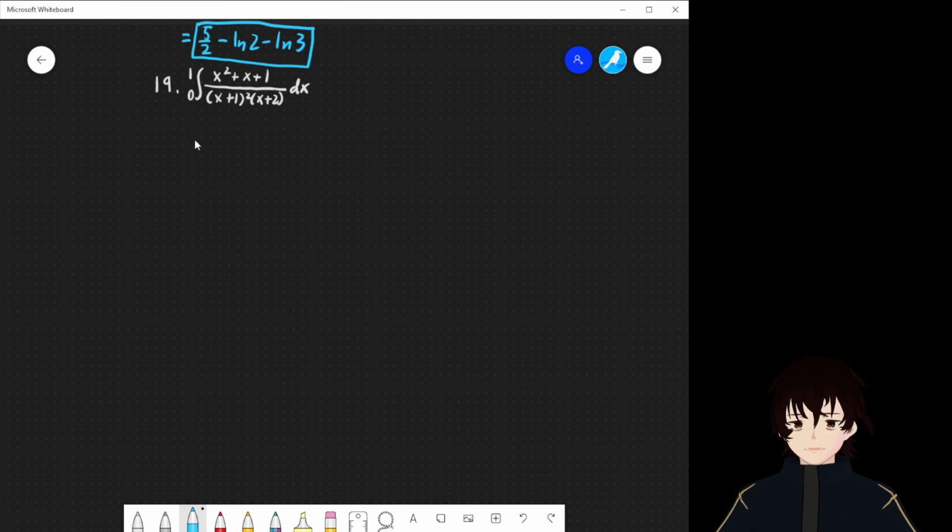Okay. This one is a bit more complicated. So let's write out our partial fraction.